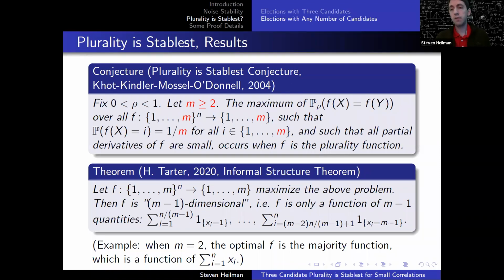We know that the majority function is a function of the sum of the votes, but the structure theorem doesn't just all the way solve the problem, but it sort of almost does, right? Because it reduces what possible functions you could be looking at to this very specific class. Any questions?